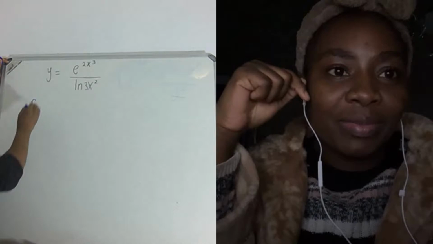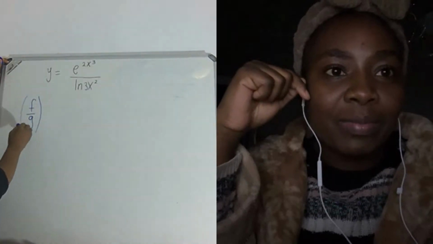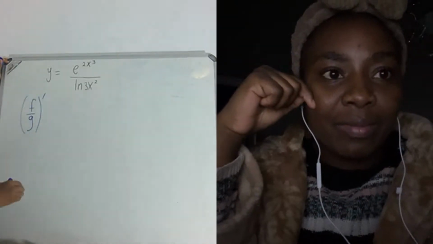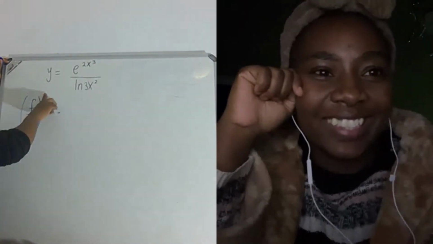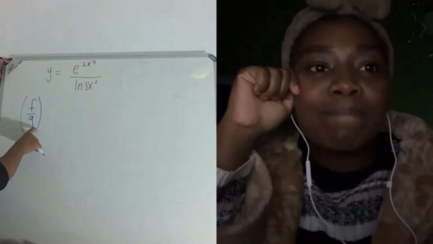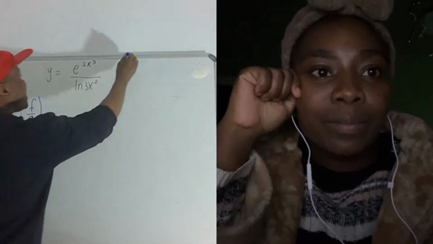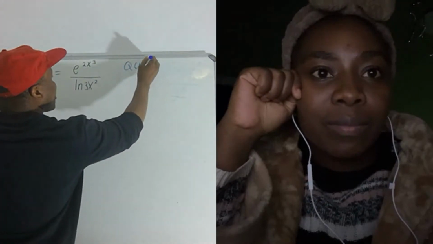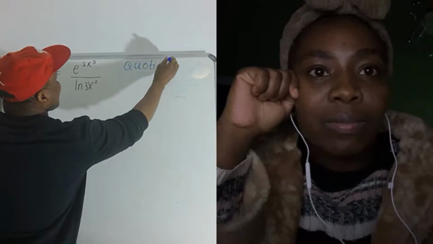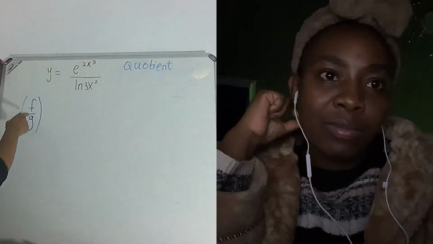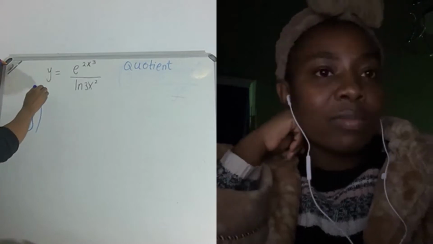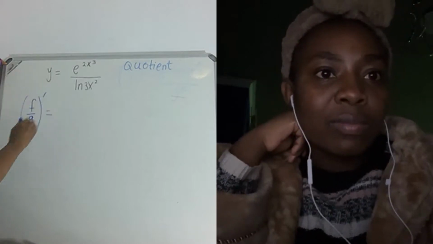F over G. And then what we're going to do is differentiate. Remember to say that, because it means if you have a division, we call it a quotient. Sometimes I misspell it, and I apologize. Quotient. So f over g is the function, and when you differentiate, equals.